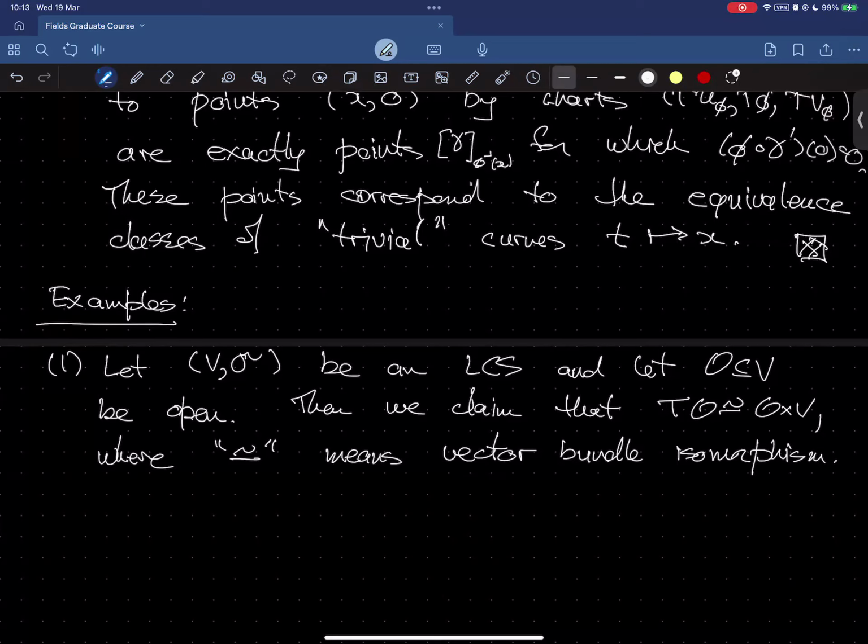Indeed, if X in O and V in V, so this is a construction that we've seen before. Just in this case, it's particularly simple because we don't have to deal with charts.